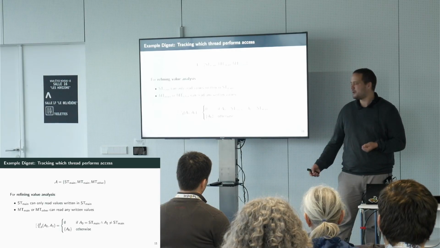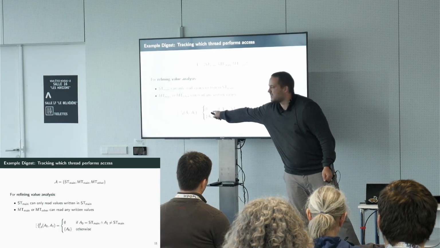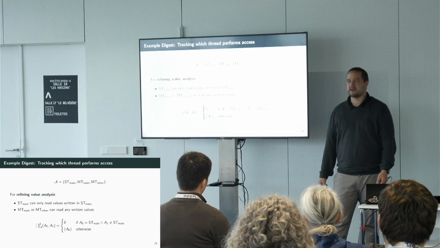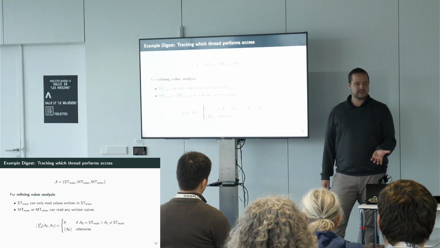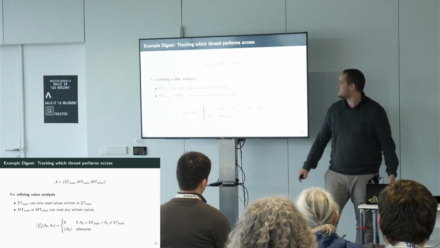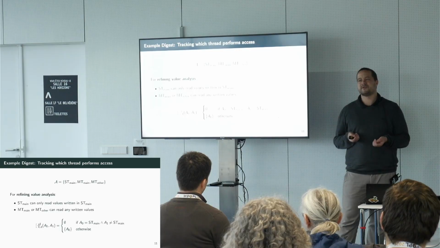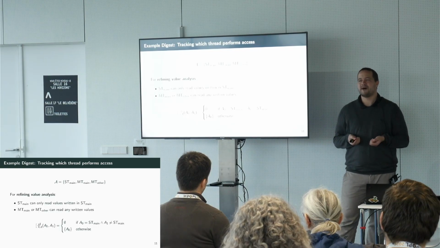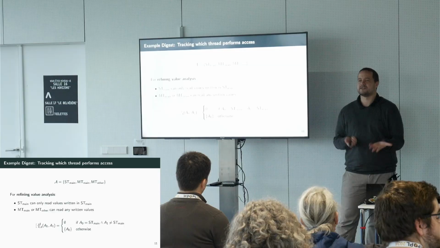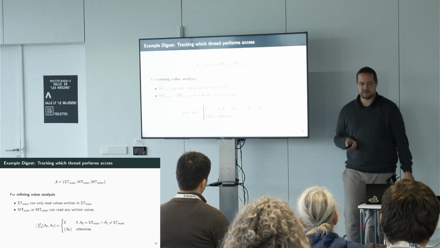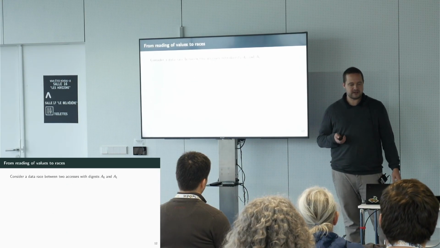So this cannot happen, and then the set of successor digests is empty. In the other instances, the successor digest will simply be the digest of the first thread, because if I am the main thread and I read from some other thread in the program, this doesn't change my thread ID. So this was just to introduce the notation.